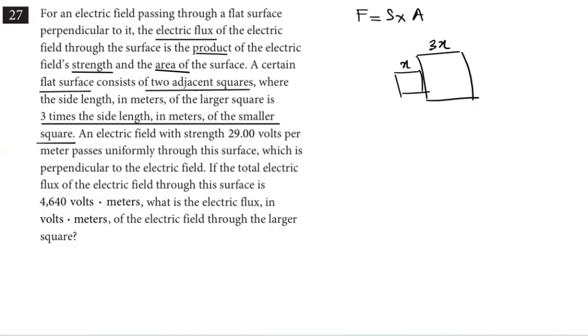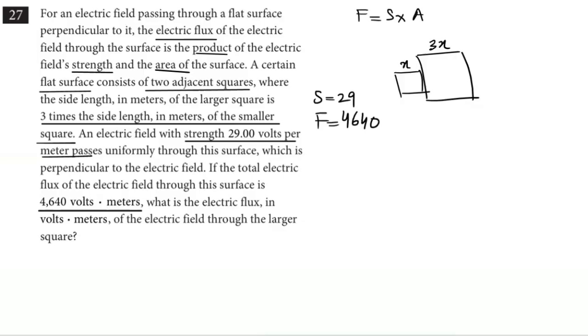Next, an electric field with strength 29 volts per meter passes uniformly through this surface. Which surface? This combination, which is perpendicular to the electric field. If the total electric flux of the electric field through this surface is 4,640 volts meter, so I've got the strength, which is 29, and I've got the flux, which is 4640.